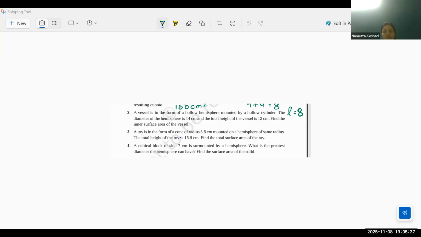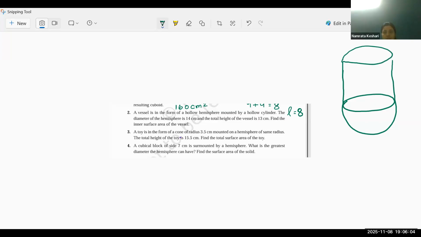Hemisphere looks like this. And hollow hemisphere means there is no top part, it's completely hollow from here, just like a bowl. So a vessel is in the form of a hollow hemisphere mounted by a hollow cylinder. Mounted means on the top of this there is a hollow cylinder like this.